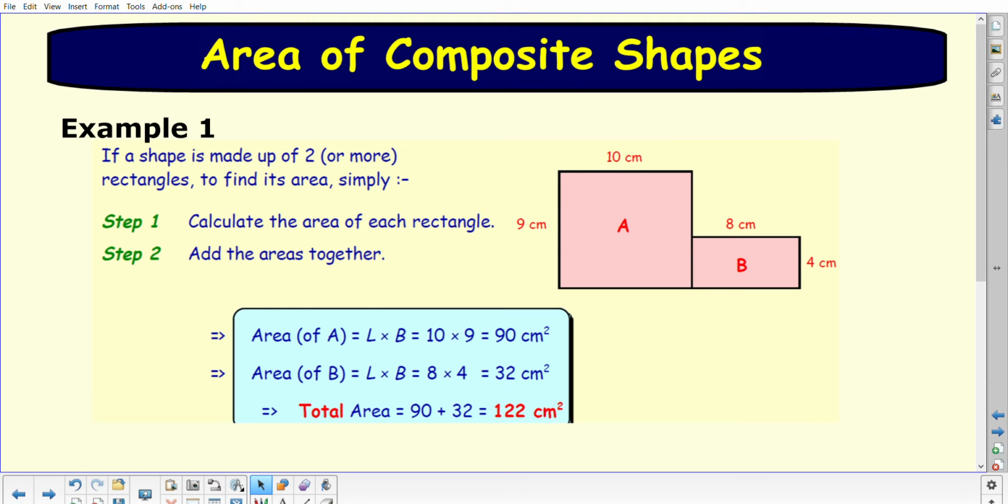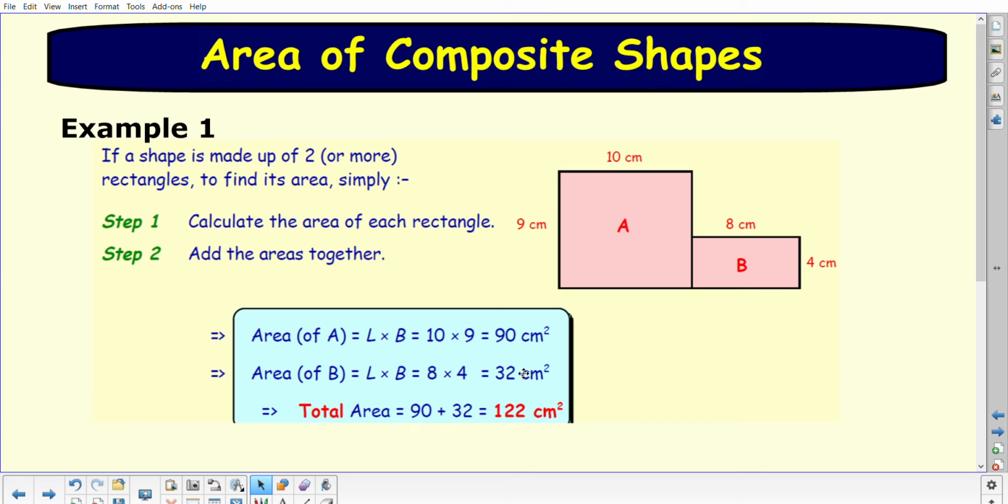So it's those two numbers that you're going to multiply together to give you the area for the first rectangle, so rectangle A. And then separately for rectangle B, you're then looking at these measurements here, your 8 and your 4. And it's those two numbers that get multiplied, right? Area of a rectangle, length times breadth, so that's why we're multiplying.